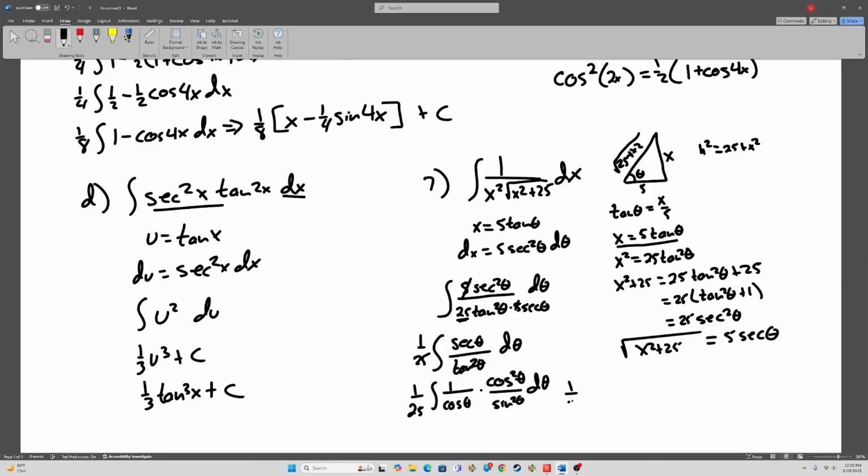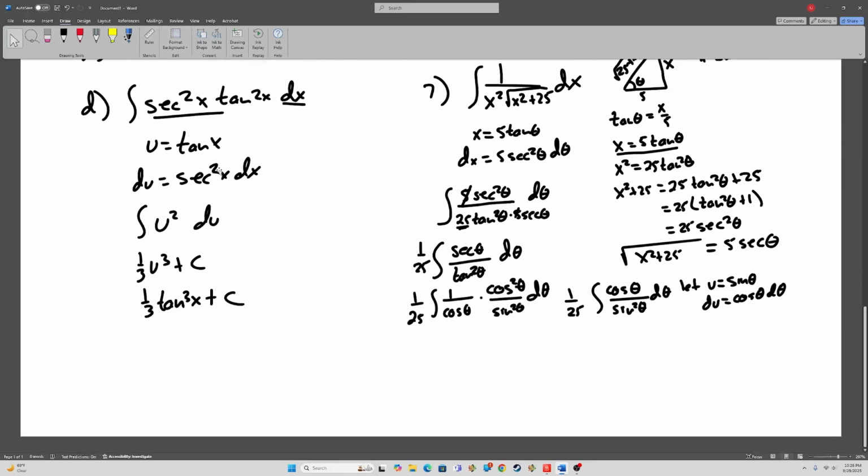So this is 1 over 25 integral of cosine of theta over sine squared theta. Now we're kind of home free. We can let u equal sine of theta, and then du is equal to cosine of theta d theta, and we have cosine of theta d theta.